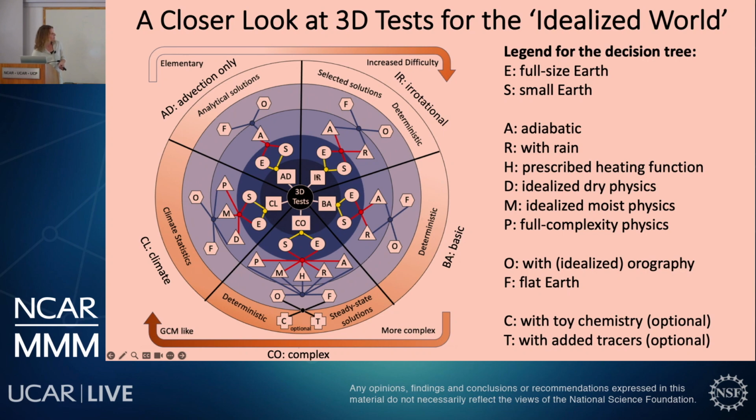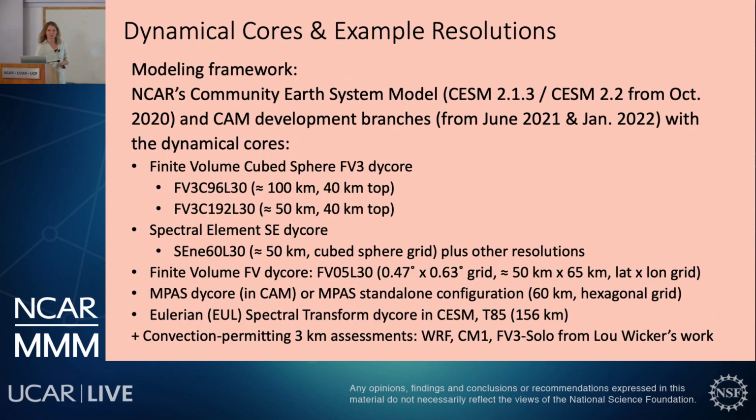What I mean by this diagram, which is really convoluted, is you can have a full Earth, a small Earth, you can have rain or adiabatic choices, a flat Earth, or orography. These are all decision points you make when you design a test case. But in respect to time, let me not focus on that.